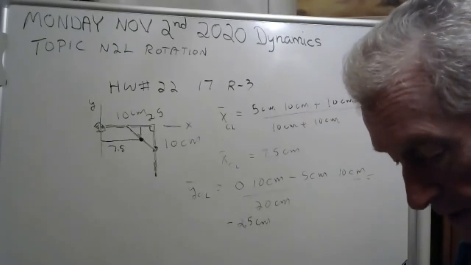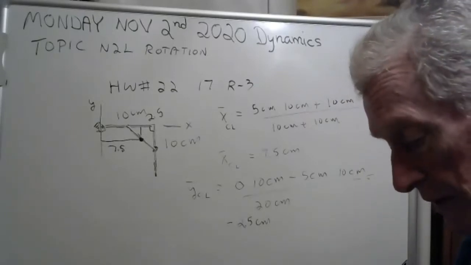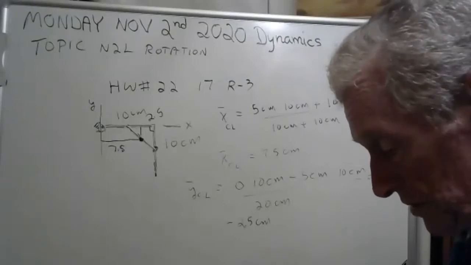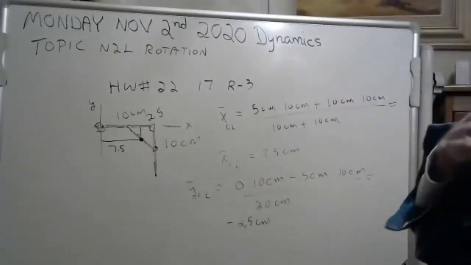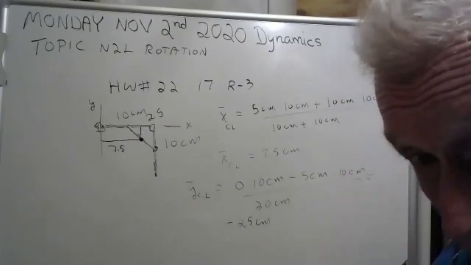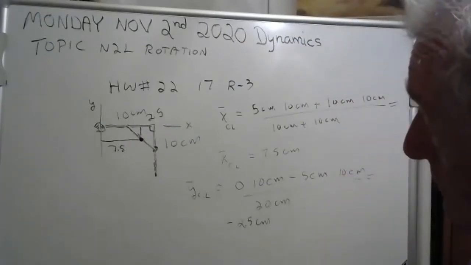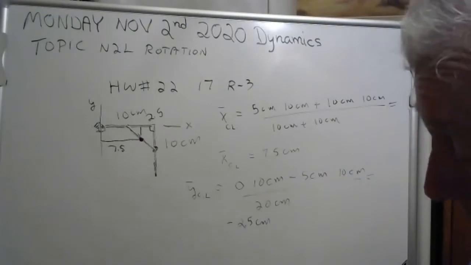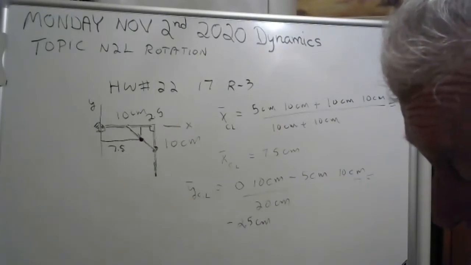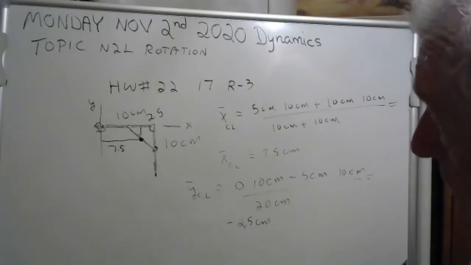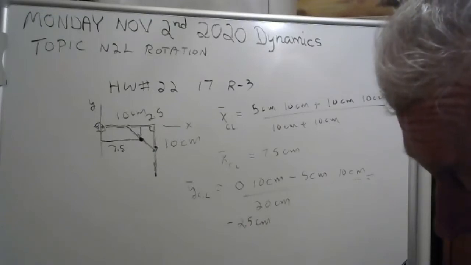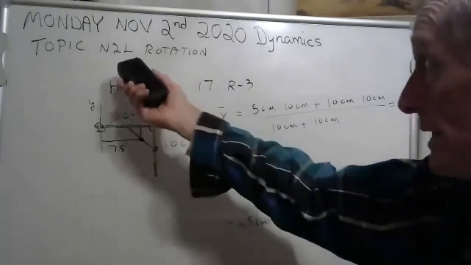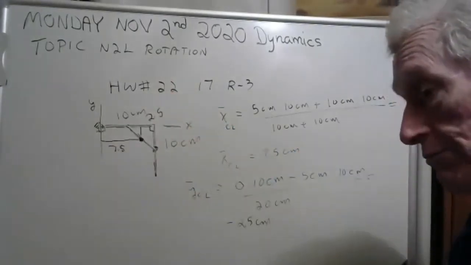But now you've had a lesson on center of gravity, centroids of area, centroids of volume. They all have the same kind of formula. I hope I didn't confuse anybody. Any comments or questions before we move on? All right, now our main topic here is Newton's second law.